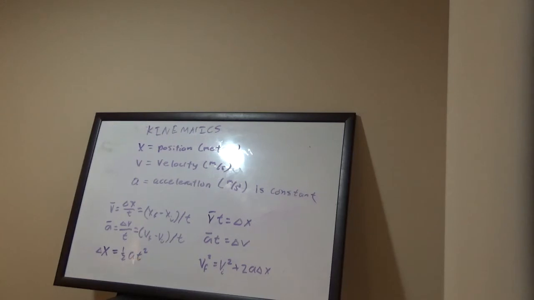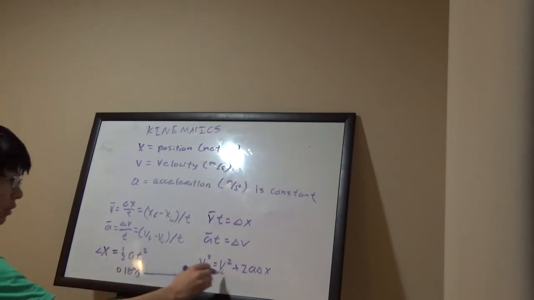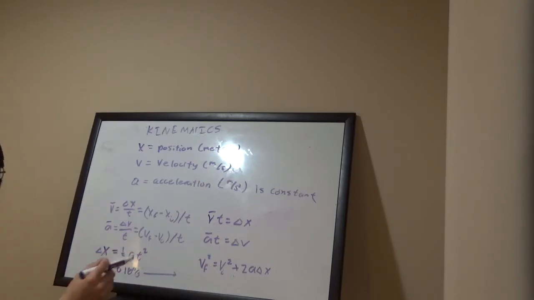So how would we apply this? Let's say that we knew that a rock was moving at some initial velocity, let's say 10 meters per second, and then it accelerated. Remember, these two are kinematic equations, so we assume acceleration is constant.